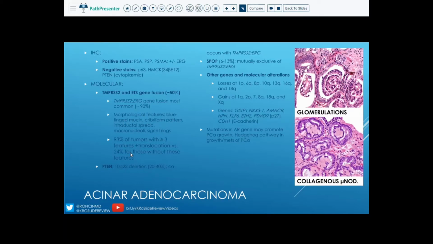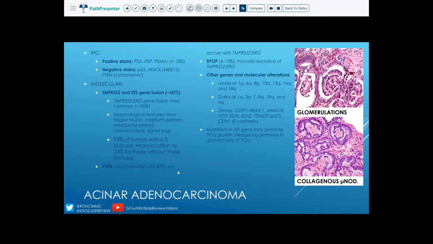And this is why this is important: the vast majority of tumors with at least 3 of these features will have the translocation. However, a quarter of cases without these features will still have the translocation. So again, it is the one to know if you have to know anything about adenocarcinoma.